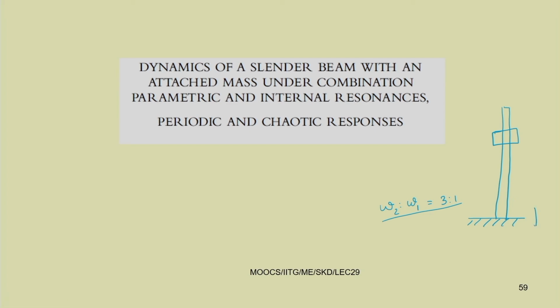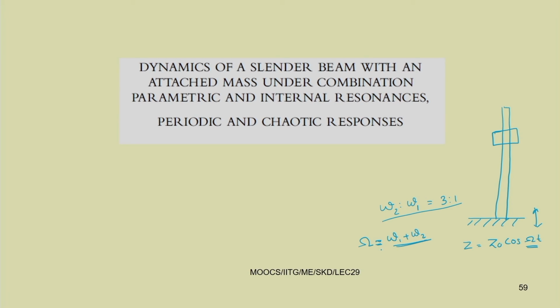Here the base excitation can be written in this form, that is Z equal to Z0 cos omega t. Here omega, in case of the combination parametric resonance condition, will be equal to omega 1 plus omega 2, as we are considering near to omega 1 plus omega 2.